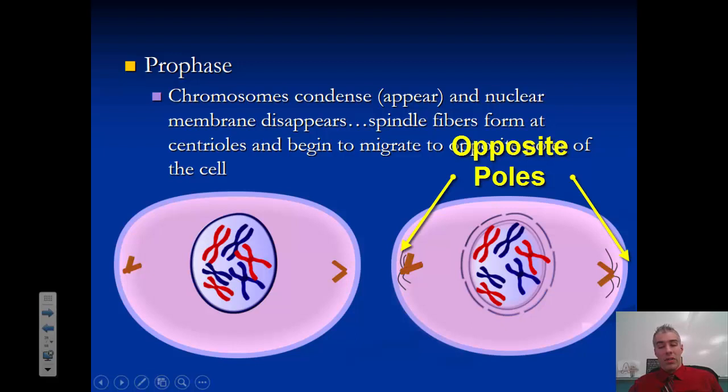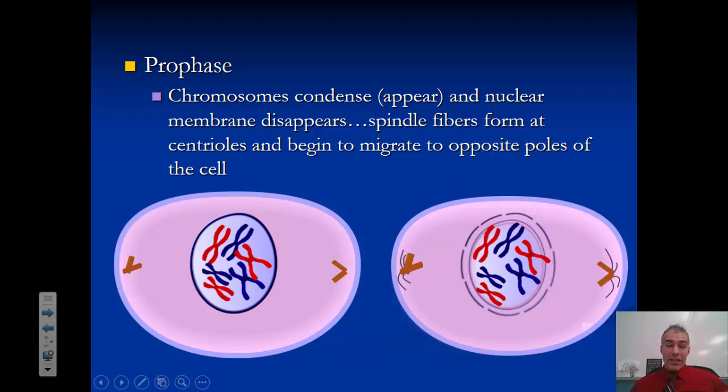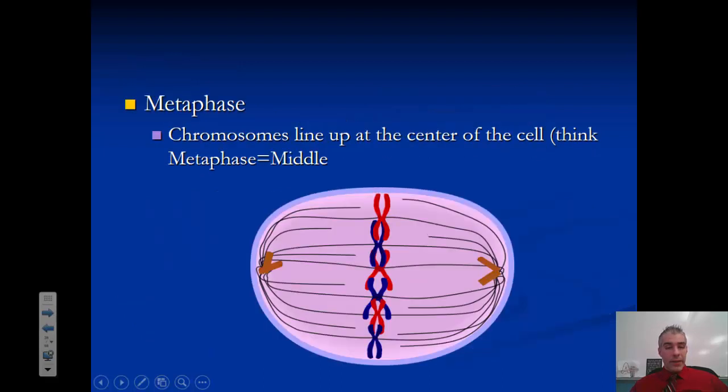So they go to opposite poles, and what's eventually going to happen is the spindles are going to attach to these chromosomes and pull them apart. So that's prophase. Chromosomes condense, nuclear membrane disappears, and centrioles and spindle fibers move to opposite poles.